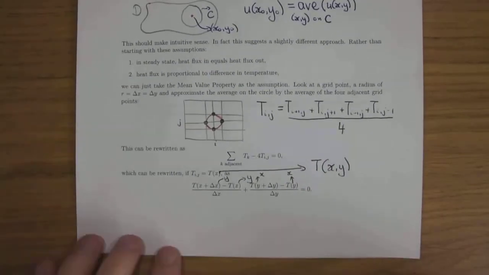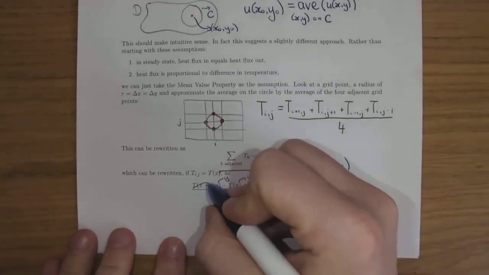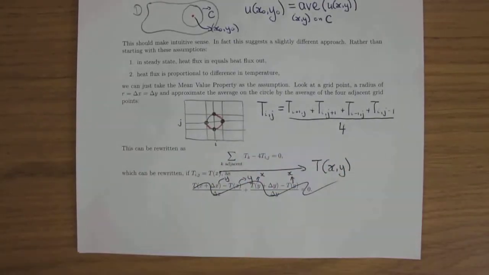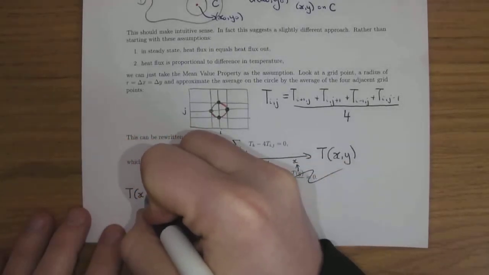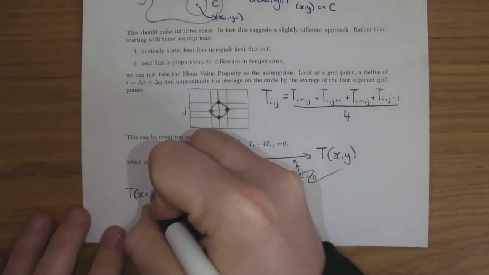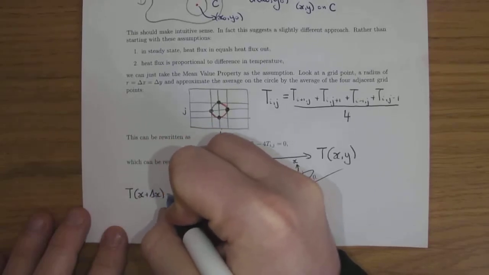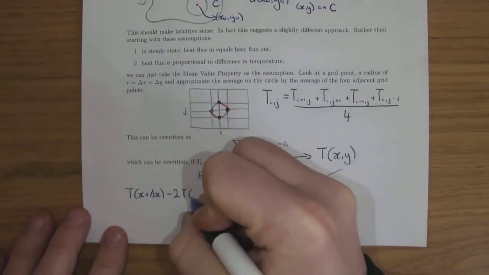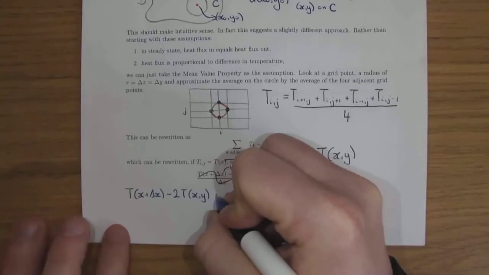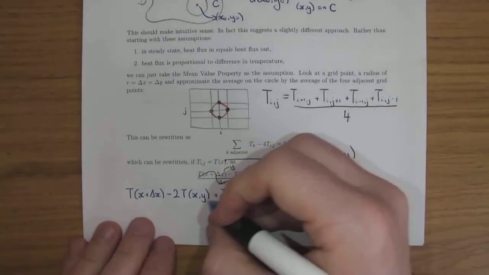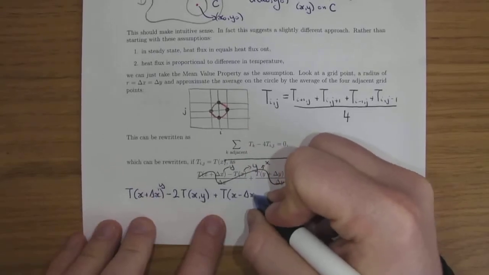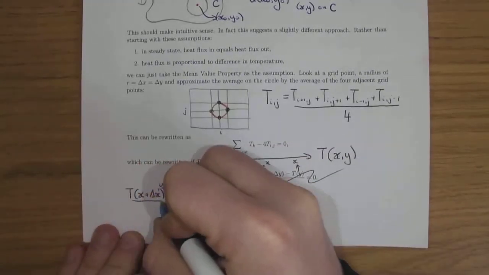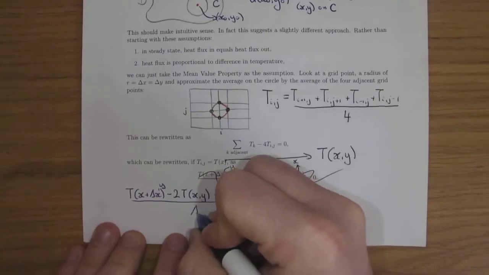What you possibly can write it as, so thankfully I can actually write the proper version now, is T of x plus delta x, minus twice T of x, y, plus T of x minus delta x, y, all over delta x squared.